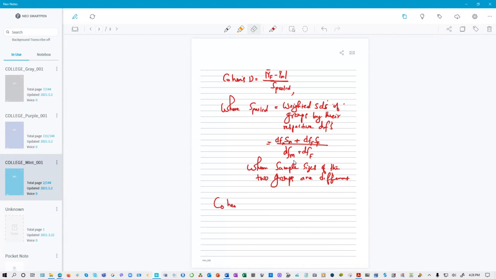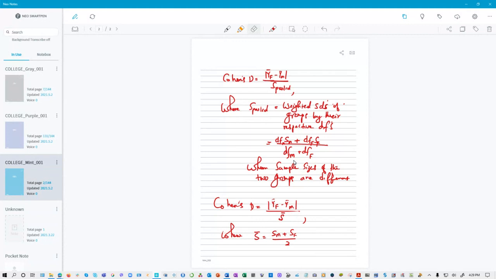So another way to do Cohen's d is y bar f minus y bar m divided by s. I would call it the average, so I'm going to put a bar. S bar is nothing but the mean of S of male and S of female, divided by 2.